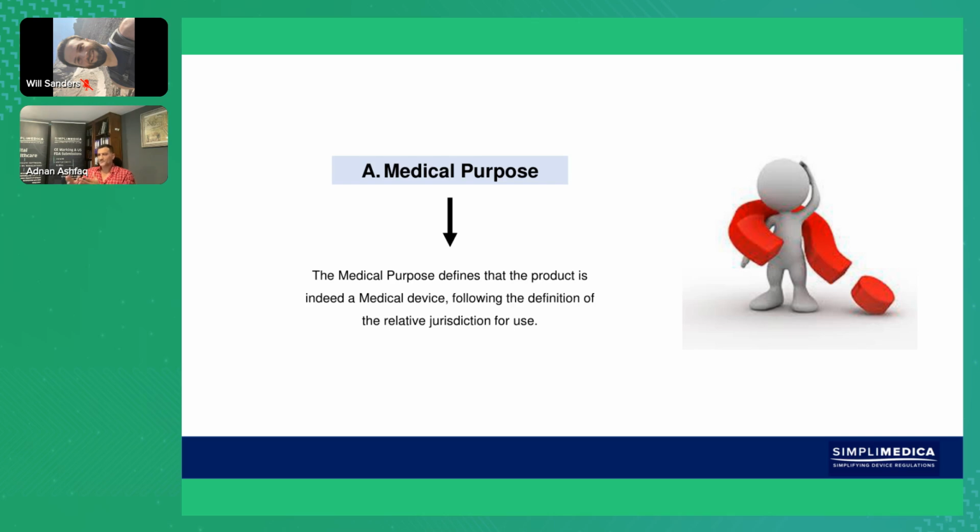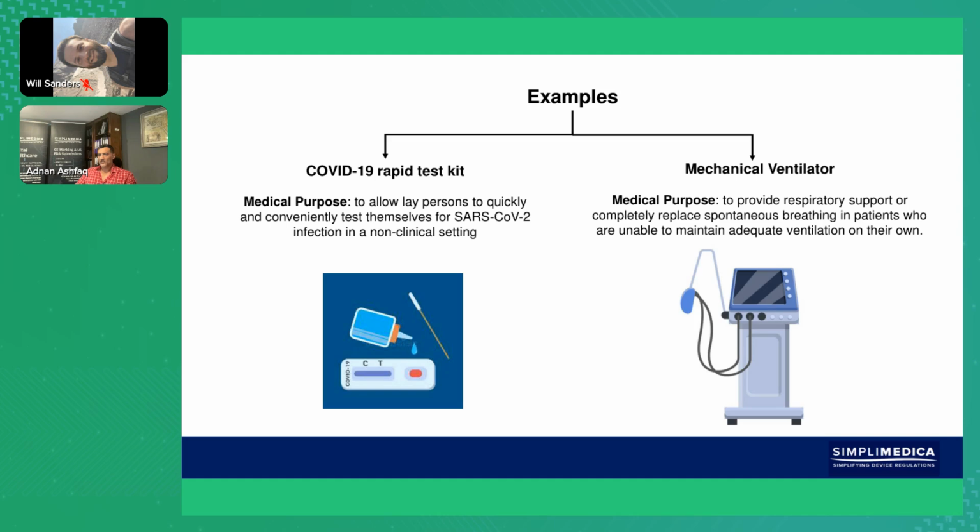Always look at the regulations from that locality, from that jurisdiction, and just ensure that it's in line with the same definition and it's not something which catches you out, because it may well look at something other than what we've looked at. But those are the areas that we've looked at: the US, Europe, and UK. All right, so moving on now. Let's have a look at some examples.